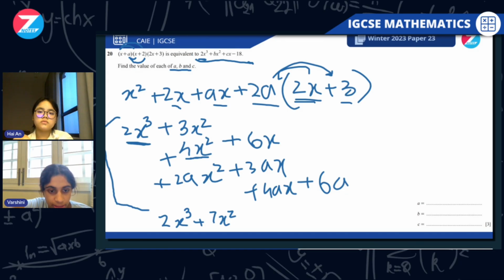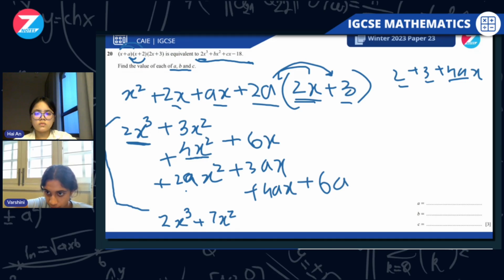Okay, now let's look at the ax squared term. It doesn't have another ax squared term. But we can add the coefficients, it's like if we have 2 plus 3 plus 4a, we're adding the coefficients.